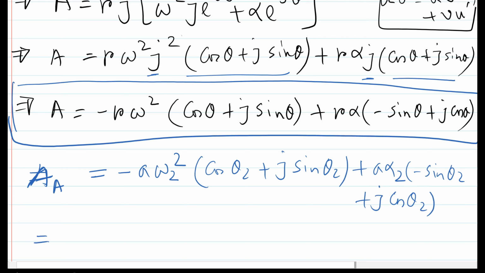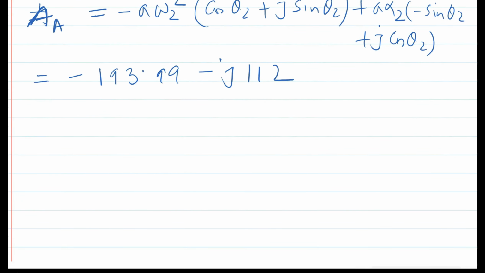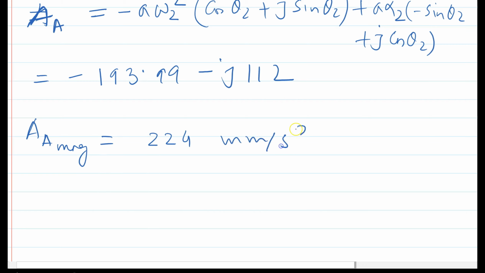Substituting all the values that were given or that we calculated, the result as a complex number is negative 193.99 minus j112, and the magnitude of this linear acceleration is 224 millimeters per second squared.